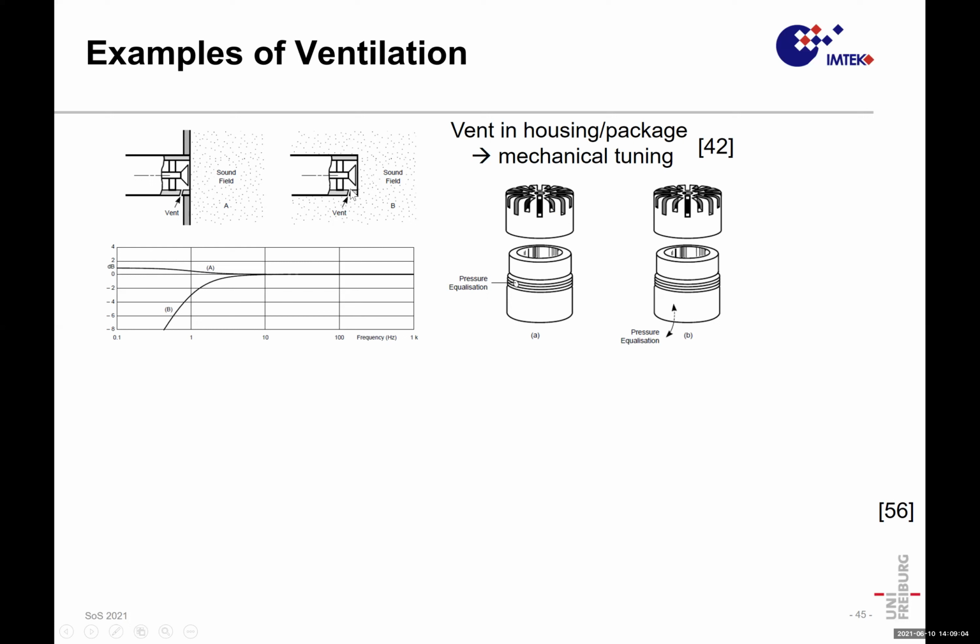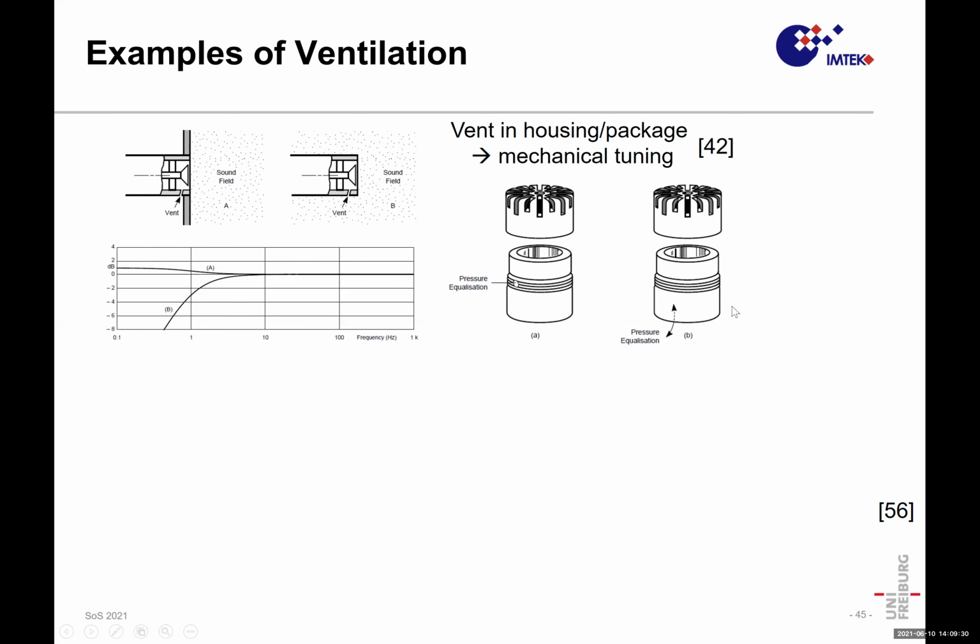If the frequency is low enough, then we have cancelling of pressure inside and outside. This we see here below 1 Hertz. The lower we go, the total pressure is changing inside and outside with the same speed. If you have higher frequencies, the ventilation hole cannot follow anymore, equalizing the inner pressure.